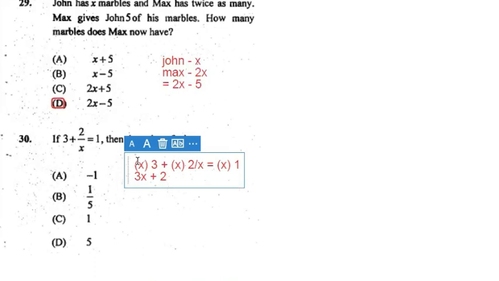So from this, the x that is below the 2 will cancel the x that we're multiplying that fraction by, so we're left with just 2, and that is equal to 1x.